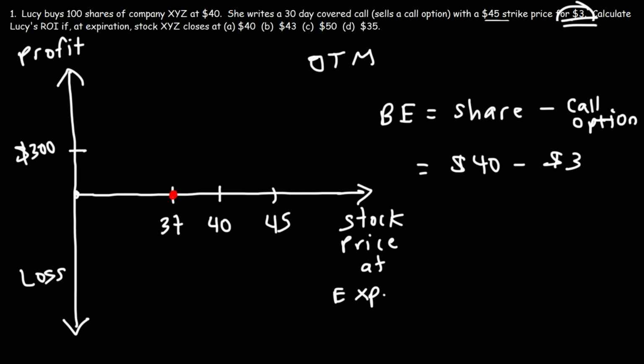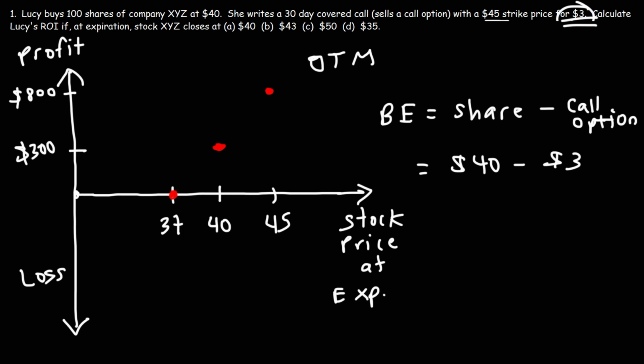So when X is 40, Y is 300. Now, if the price of the stock closes at 45, at the strike price, that's where she achieves maximum profitability. And we saw that her profit is 800 at that point. So when X is 45, Y is 800.